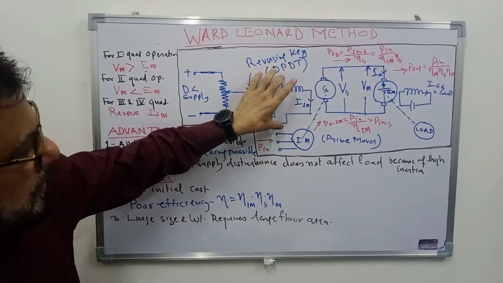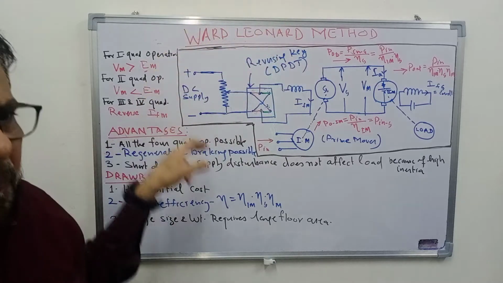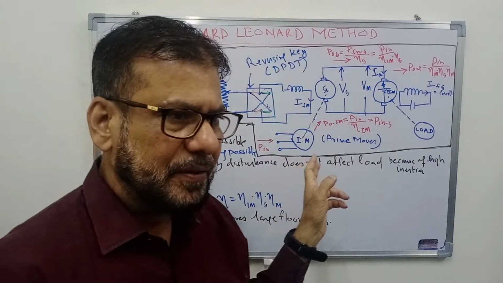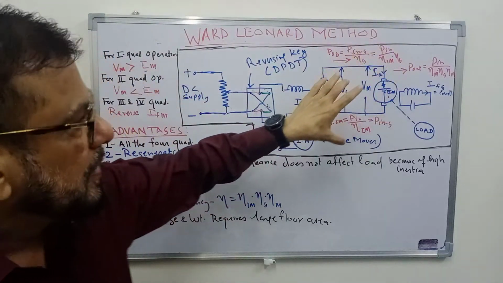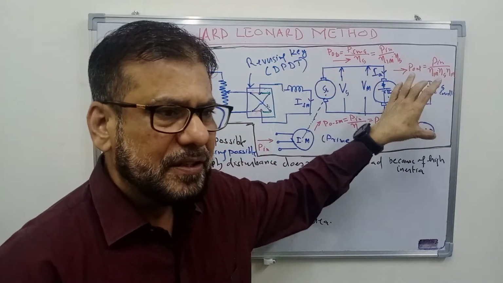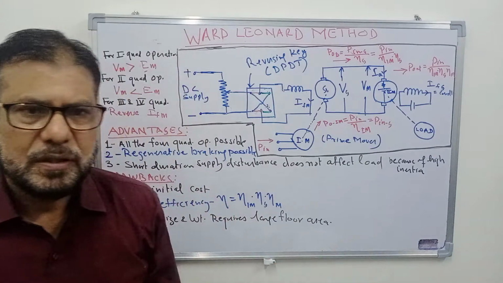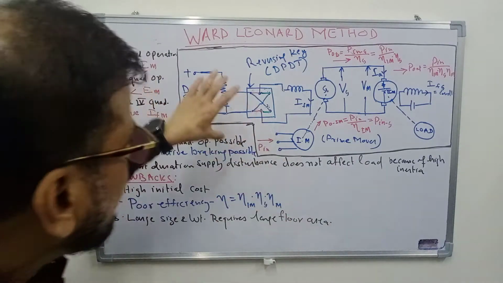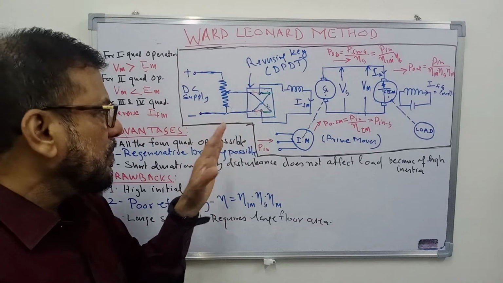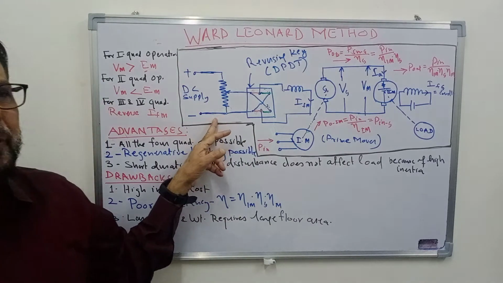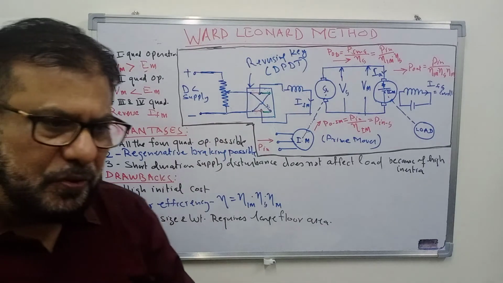So this means that on this side we can use a low power variable voltage supply. This supply cannot be connected directly here, because here the requirement is a high power variable voltage supply. So here we can use a low power variable voltage supply. For small motors you can even make a potential divider using some rheostat.